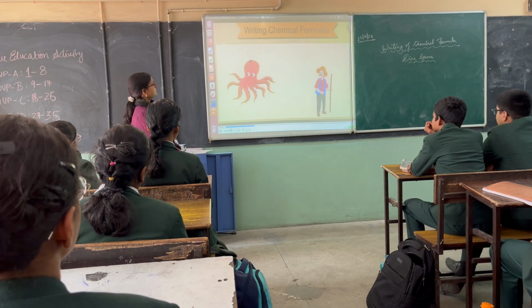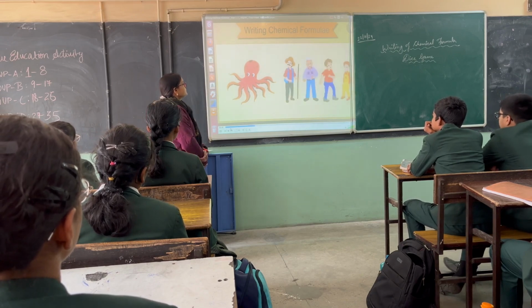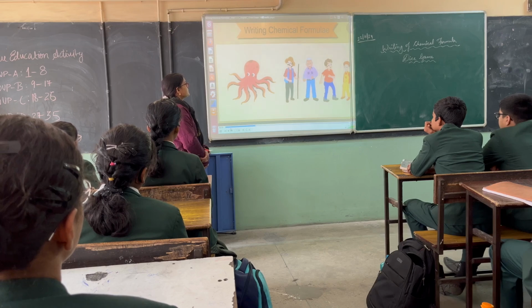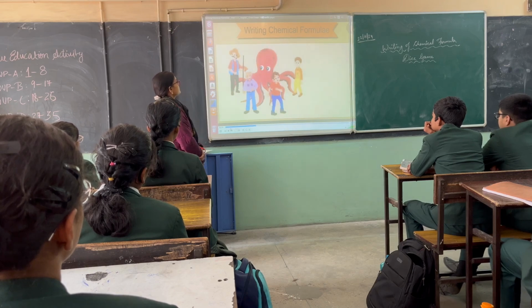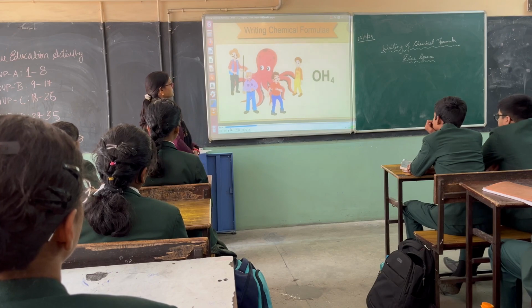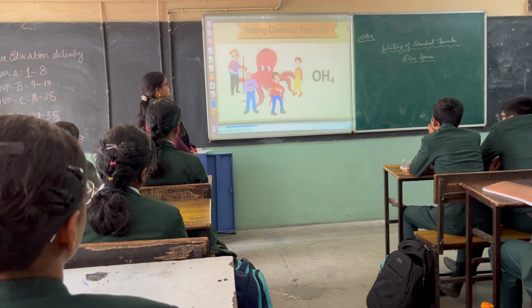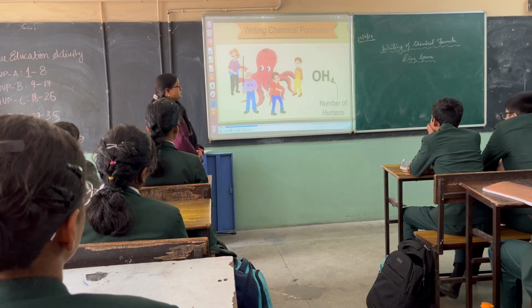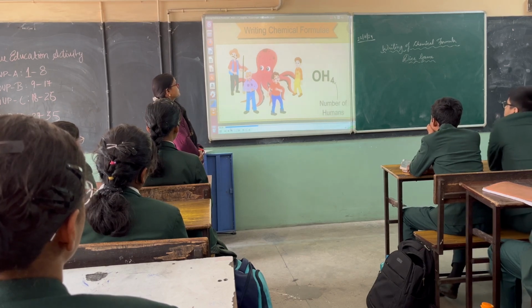The octopus can hold up to 4 humans. Therefore, we can write its formula as OH4, where 4 represents the number of humans captured by the octopus.